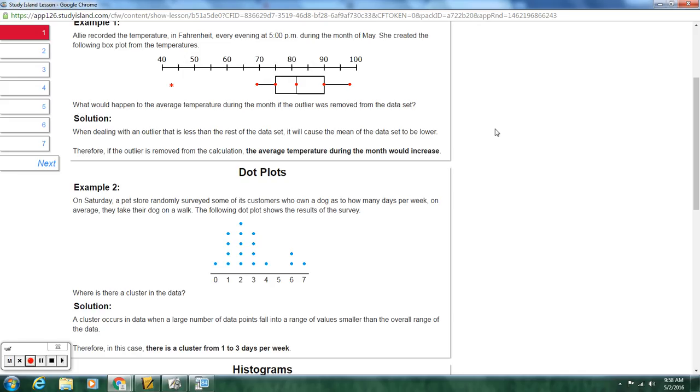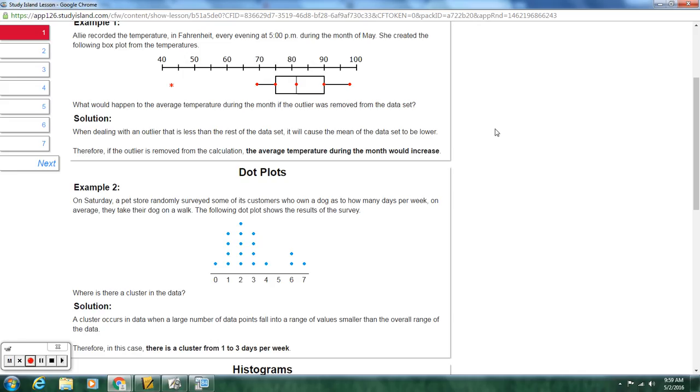All right, so dot plot. In this one it says, on Saturday a pet store randomly surveyed some of its customers who own a dog as to how many days per week, on average, they take their dog on a walk. How many people take their dog on a walk no days? One. How many people take their dog on a walk 2 days? 2 days. 1, 2, 3, 4, 5, right?